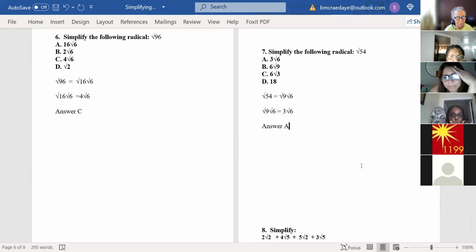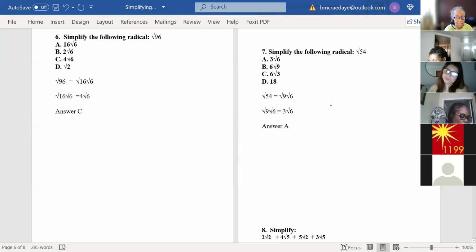No, the square root of 54 is not 18, Chastity. You're saying the number multiplied by itself to give you 54. 18 by 18 does not give you 54. So D would be a wrong answer. That's correct.